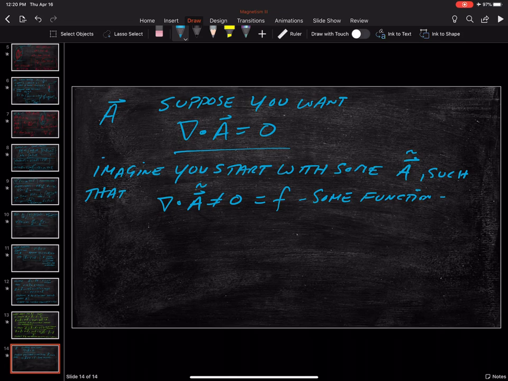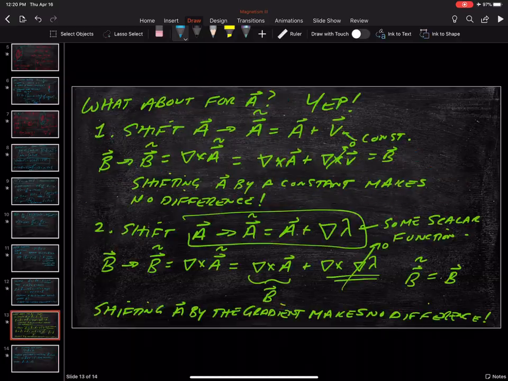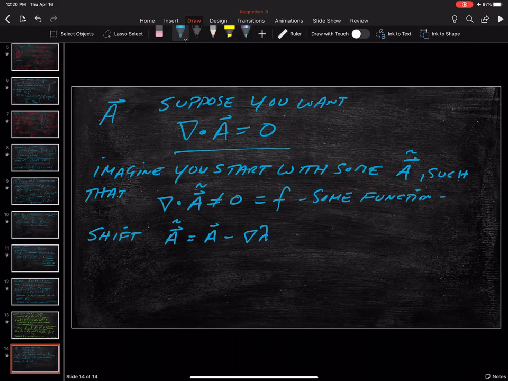Yes. Remember, if I shift, my A twiddle, I can write this as A, say, minus the gradient of lambda. I'm just kind of going backwards here. I can write it this way. Then in this case, notice my del dot A twiddle will be del dot A minus del dot del, well, this is del squared lambda.